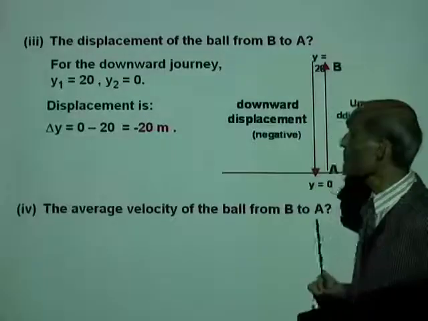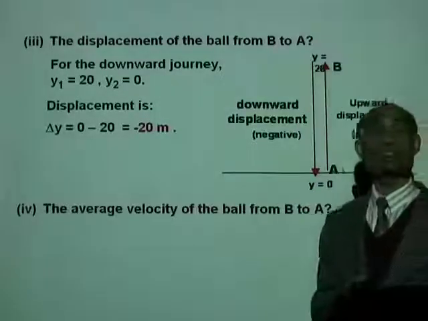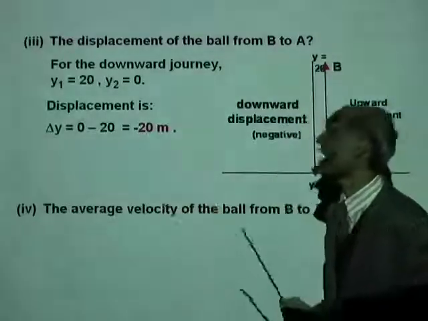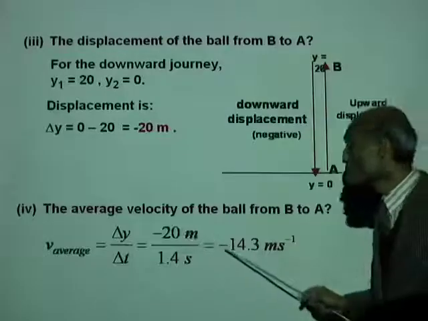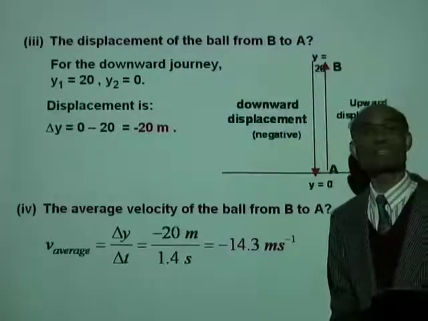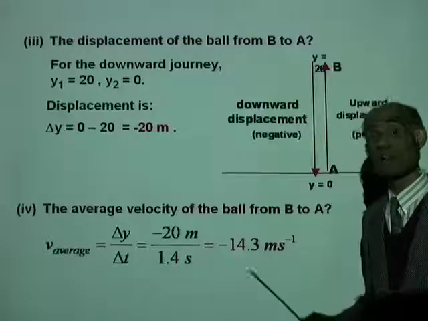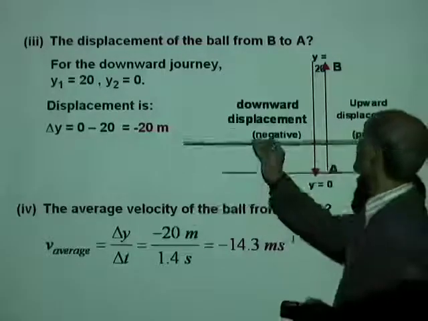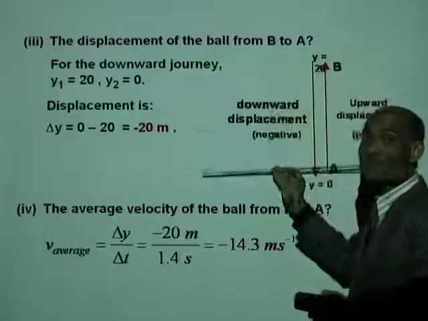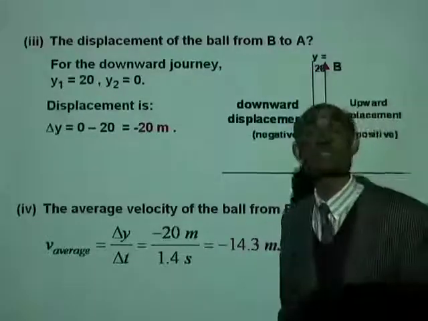What is the average velocity for that downward journey? That will be displacement divided by the time, which is negative 14.3 meter per second. Watch here. The upward displacement is 20 meter. The downward displacement is negative 20 meter.